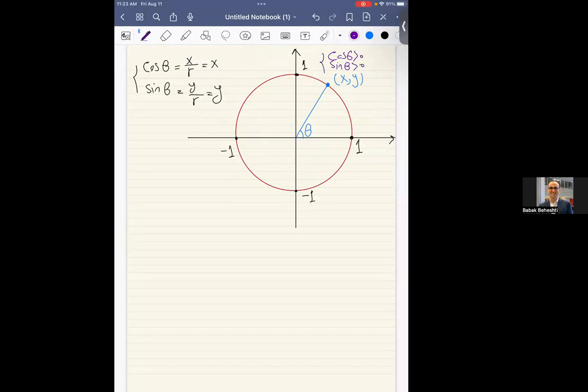In the second quadrant, x is negative, but y is positive. So cosine theta is negative, sine theta is positive. In the third quadrant, both x and y are negative. So cosine theta negative, sine theta negative. And in the fourth quadrant, x is positive, so cosine theta is positive, but y is negative, so sine theta is negative.